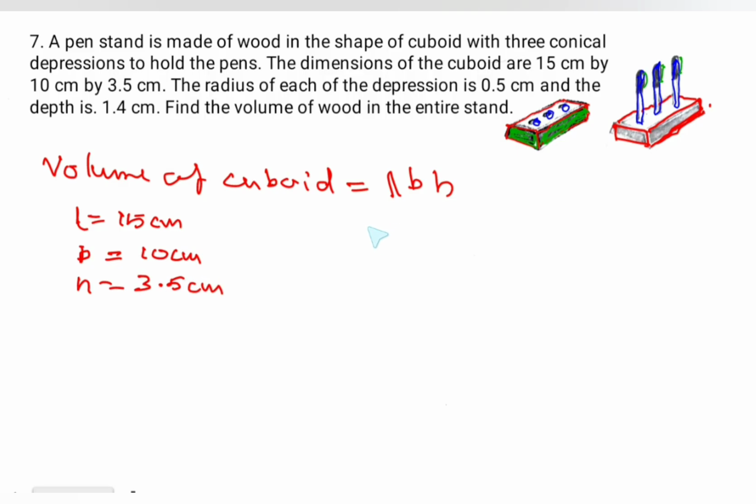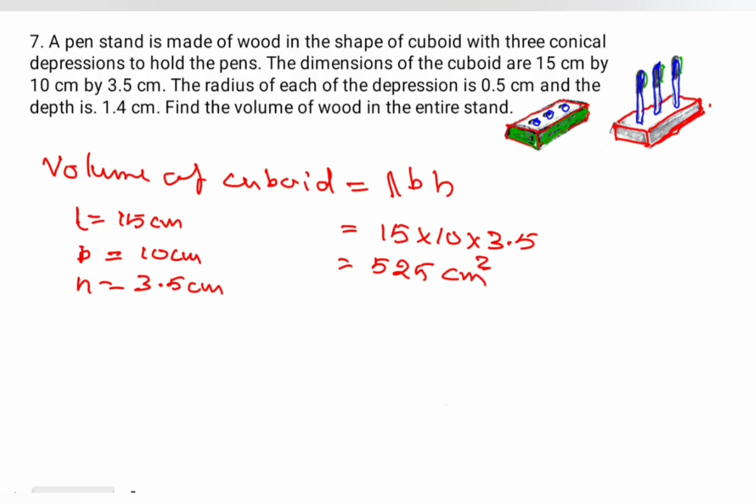Now this equal to 15 into 10 into 3.5. 10 into 3.5 is 35, 15 into 35 is 525 centimeter cube. This is the volume of the cuboid.